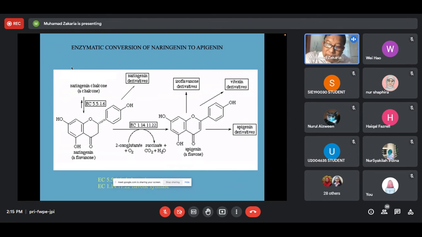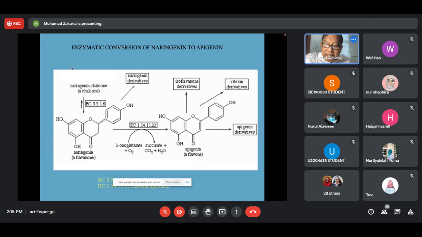Because of this double bond, apigenin is a colored substance and naringenin is non-colored. It is colorless, but definitely detectable by UV light, whereas apigenin can be seen as a color.